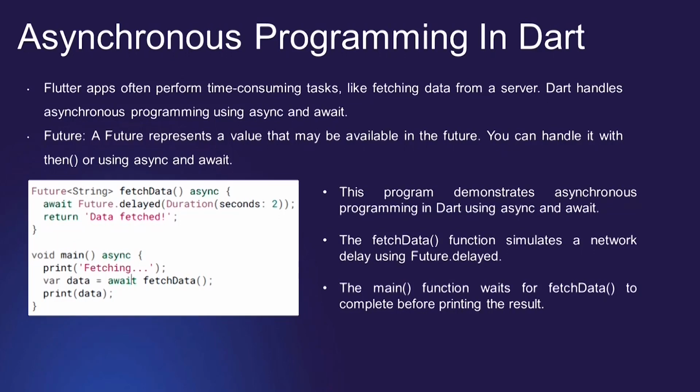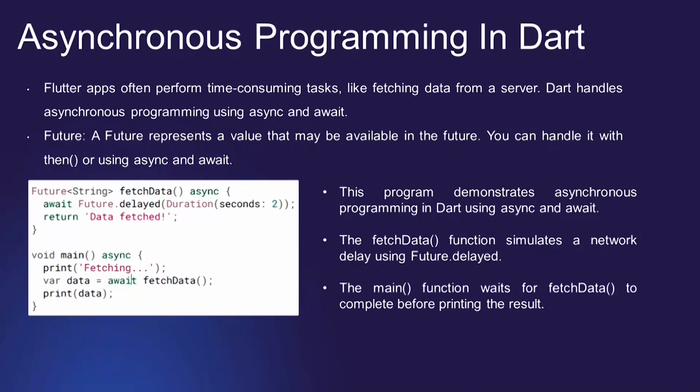So, it is very similar to defining ordinary functions, but here there are two keywords, Future and async. Future represents a future value that may be available in the future, and async says that this task runs in the background.